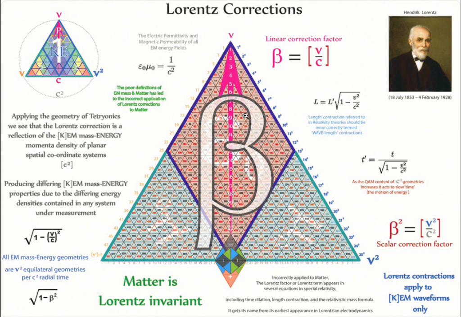As we mentioned, the Lorentz factor applies to all of the equilateral geometries in a mass energy field or a charge field or a chem field. This geometry could be the mass energy in a single charged fascia in matter, or it could be the chem field. It could also be half of a photon. It makes no difference. What we're measuring here is the energy content or the energy quanta per unit of time. And they all follow equilateral geometries.